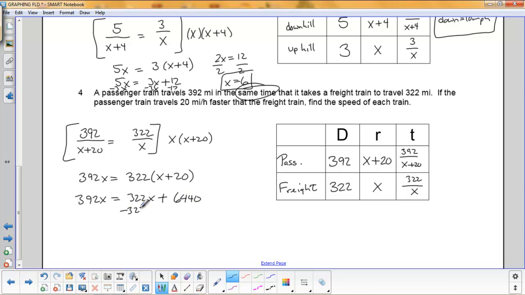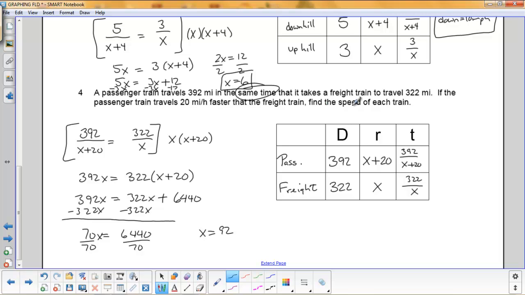Subtract the 322x from both sides, leaving me 70x equals 6,440. Divide both sides by 70, and that leaves me x equals 92.